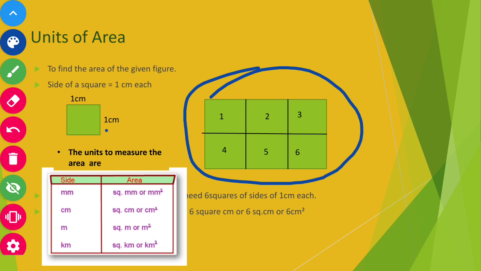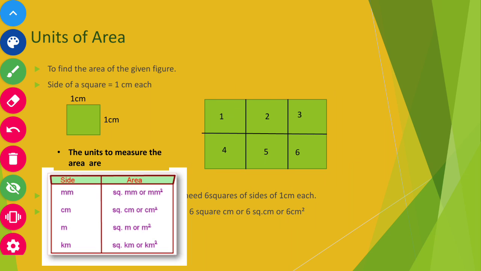Each side of the square is 1 centimeter. 1, 2, 3, 4, 5, 6. So 6 square centimeters, or 6 centimeter square, because here the side is in centimeters. Okay, children.